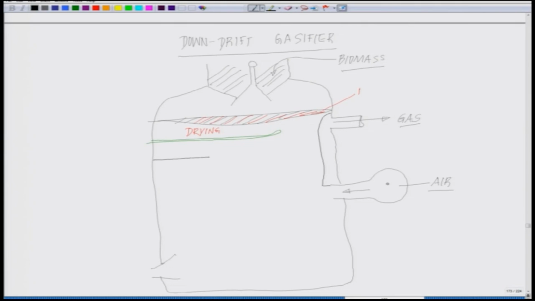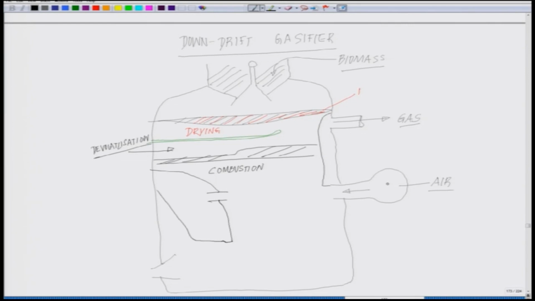So, this is the drying zone, and this zone you see out here is the volatilization zone, where the volatile materials escape, and here is the combustion zone where the combustion is taking place, and underneath it you have a small partitioning, something like this.